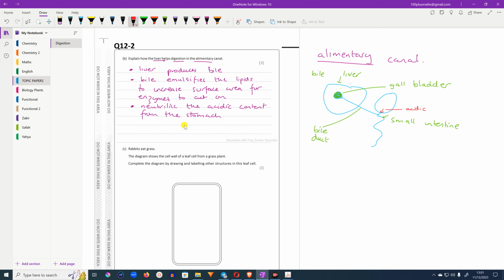So bile has to be alkaline. Let me write that properly. Alkaline. And when it mixes here, it neutralizes it because the small intestine can't handle it.